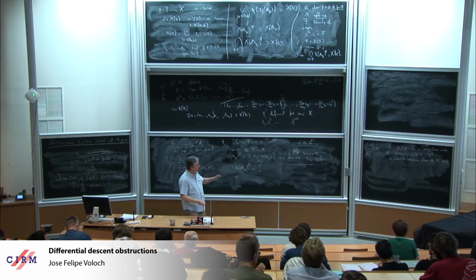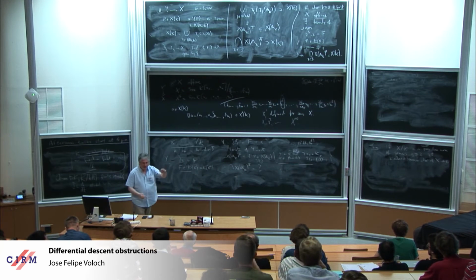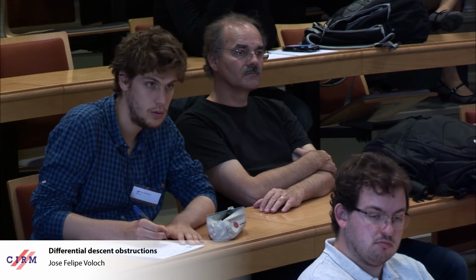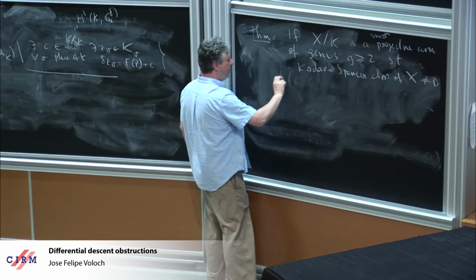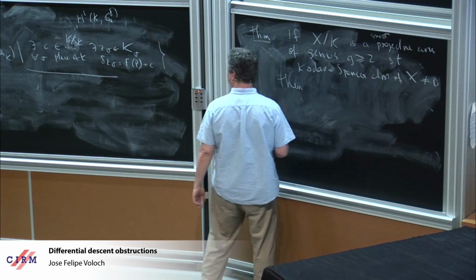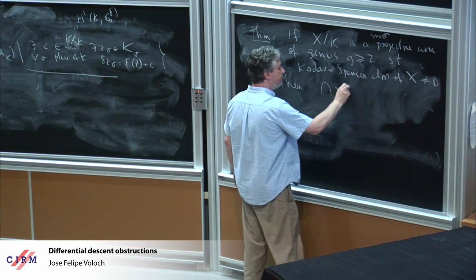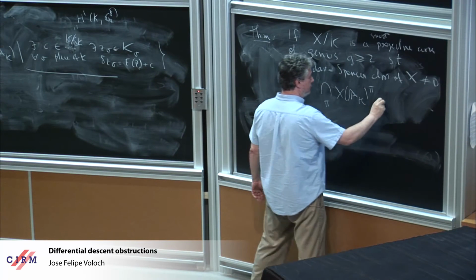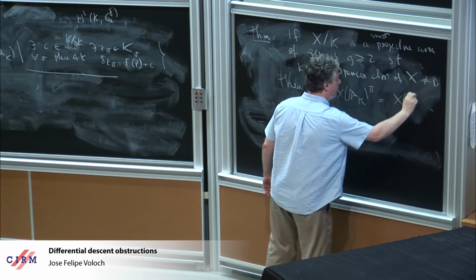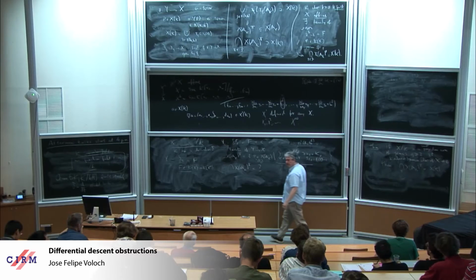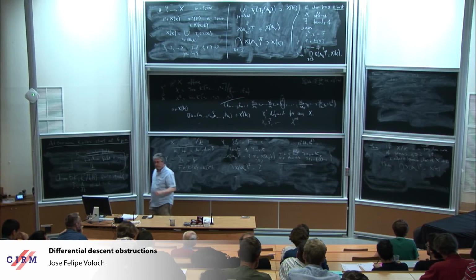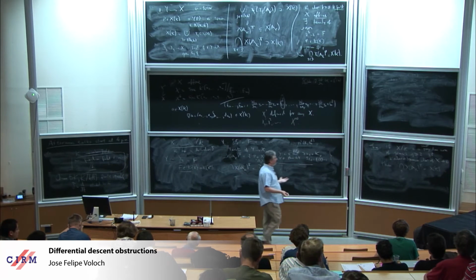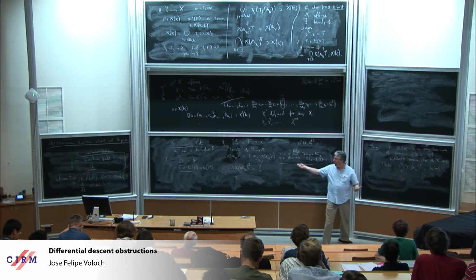If you think of it as a family of curves, it's varying in moduli, then you recover the rational points using this differential descent obstruction. And the proof is an easy corollary of the previous theorem.